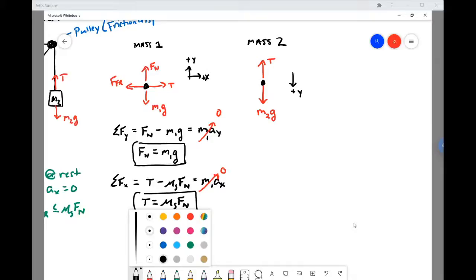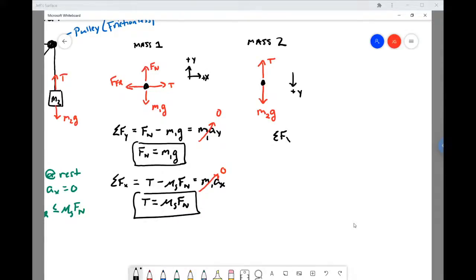All right, so let's come over here and now change frames. So now we're looking at mass 2. And here we have the net force in the x direction, 0. There are no forces in that direction. The net force in the y direction, I call down positive, so there's this weight, m2 times g pulling down, minus the tension, which is pulling up, and that equals mass 2 times acceleration in the y direction.